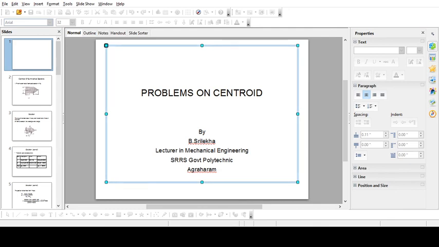Next we have taken the I section, which was asymmetric, with different sizes of flanges and web. We equally divided the parts and did everything. Next we have done the centroid of an angle section, right?